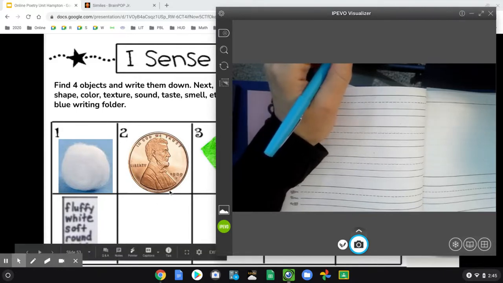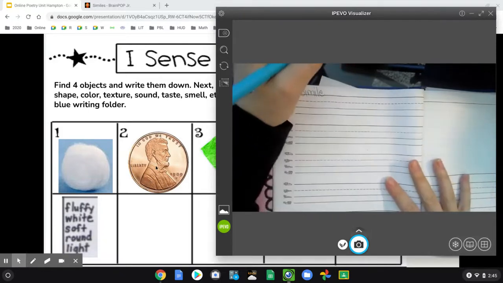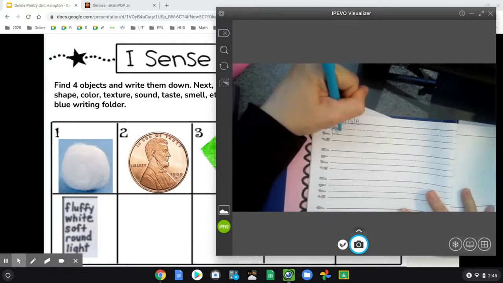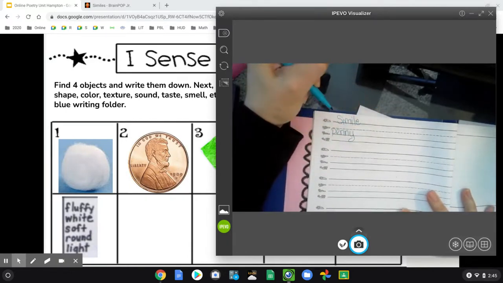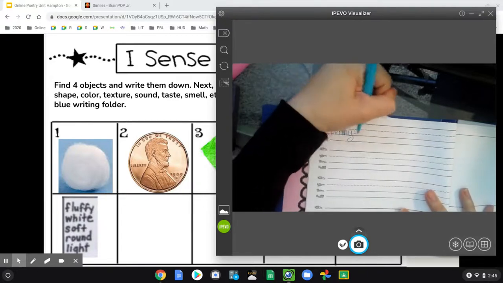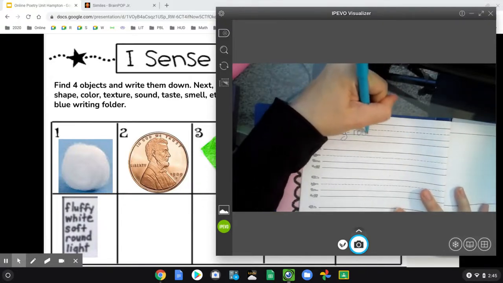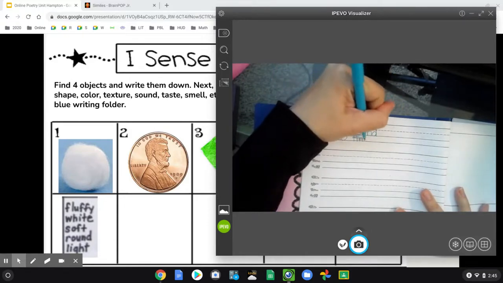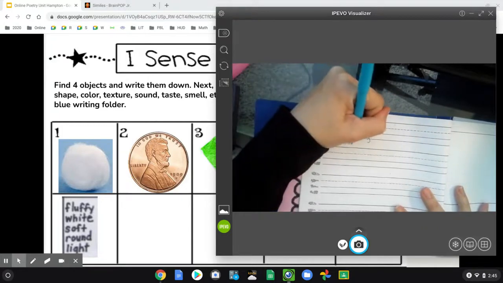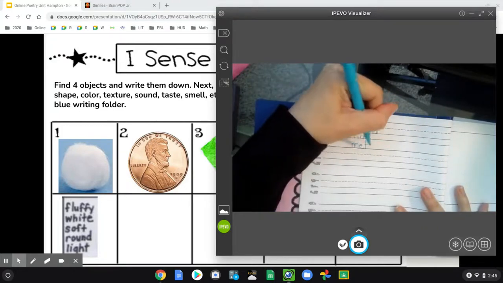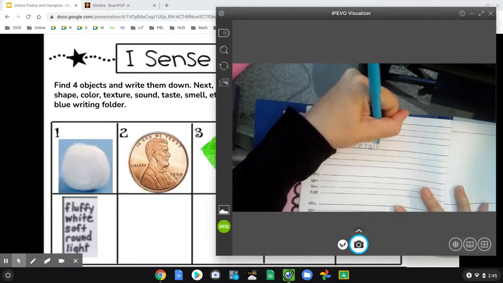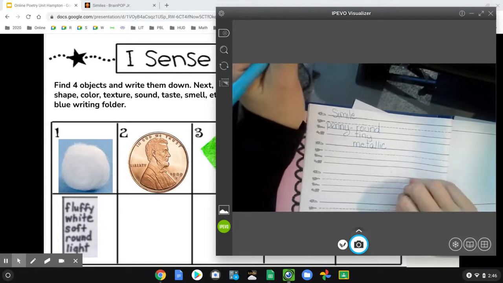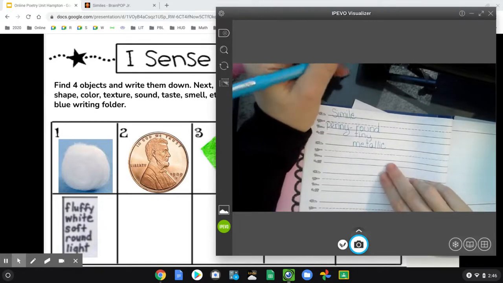So now I'm going to use this penny, okay, and I'm going to write the word penny on my paper, and I might write things like round, tiny, metallic. And remember, Mavs, if I'm writing too fast or you want me to slow down, just pause, or you can choose to do your own together.